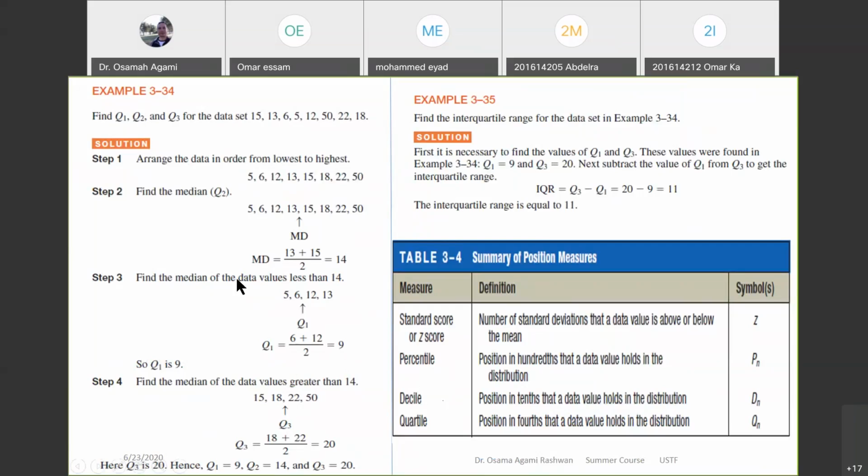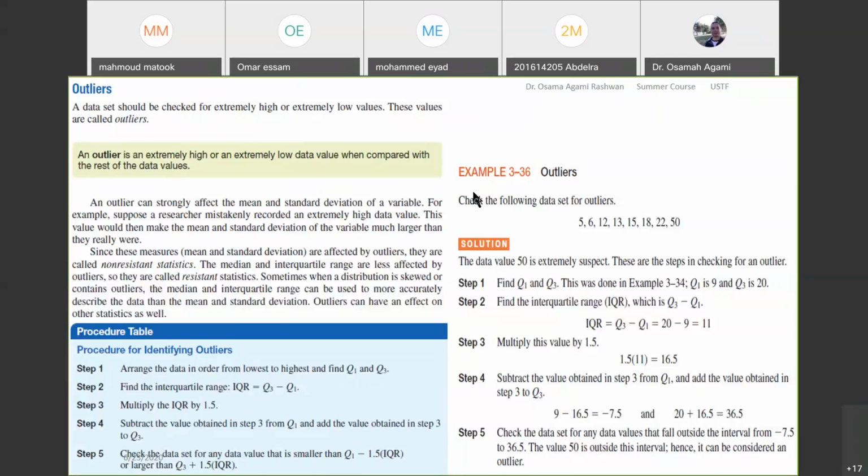In the median, 50-50, 50% before the median, 50% after the median. Q3, 75% before this value and 25% after this value. Why am I doing so? We will see how to graph this, and we call it the box plot graph.